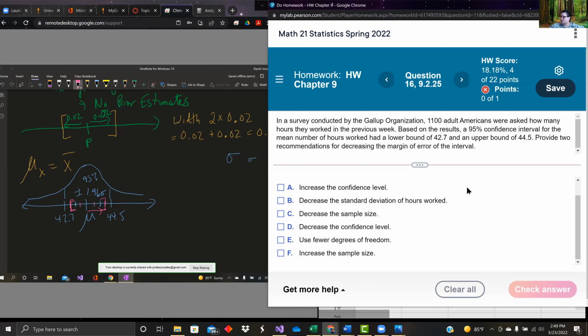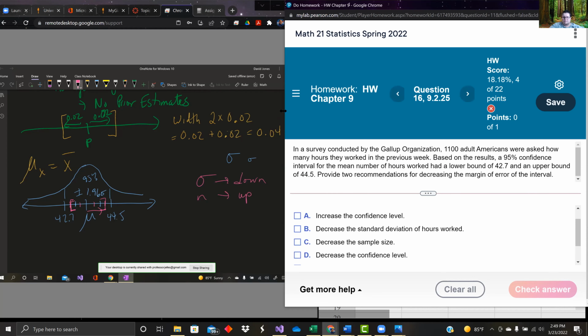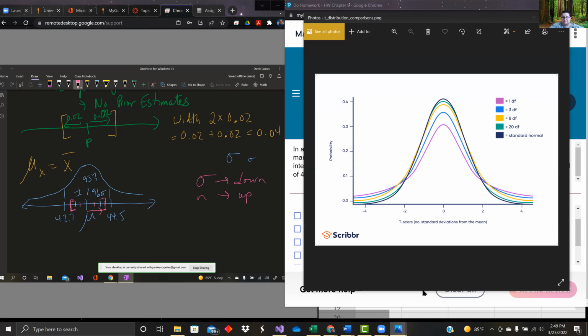Standard deviation though, gets smaller as the sample size increases. So sigma goes down as n goes up. We saw that when we were doing those simulations. In fact, we can see it on this picture over here.